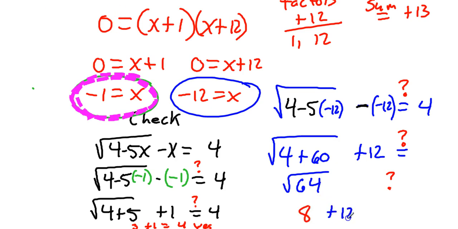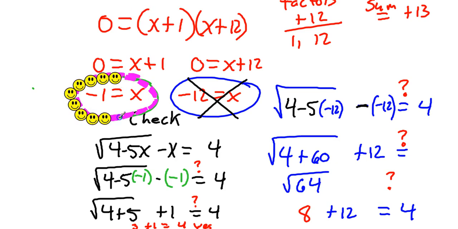Does 8 plus 12 equal 4? It doesn't, does it? Because you've got 20 equals 4. So that one does not work. So that answers it, we only have one solution, and that's x equals -1. There you go. There's Happy Land.